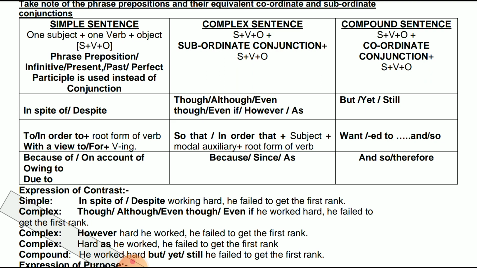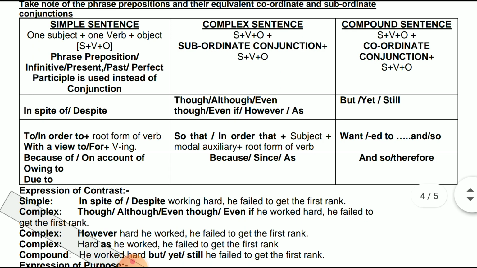Now there are some phrase prepositions which have equivalent meaning as subordinate conjunctions and coordinate conjunctions, and you are supposed to transform them in such a way that, suppose in spite of or despite is used as a preposition, then in a complex sentence you have to use though, although, even though, even if, however, as.